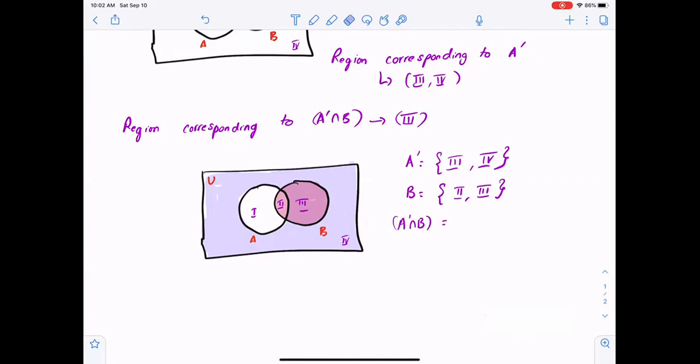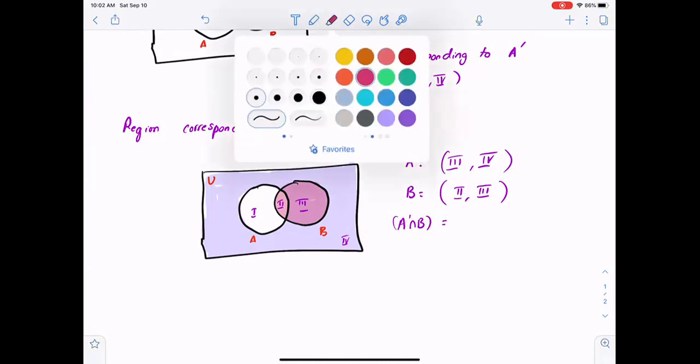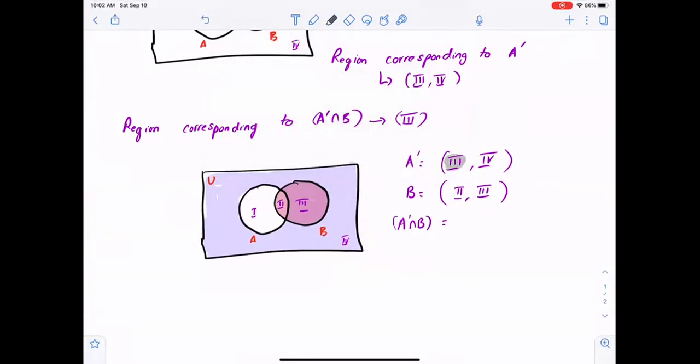I don't want to put it as a set, we'll just put parentheses. In a very intuitive way, sure, they are sets, but I don't want to do that. I want to find whatever is common between the two. Well, I have that and that. So the result has to be region 3.